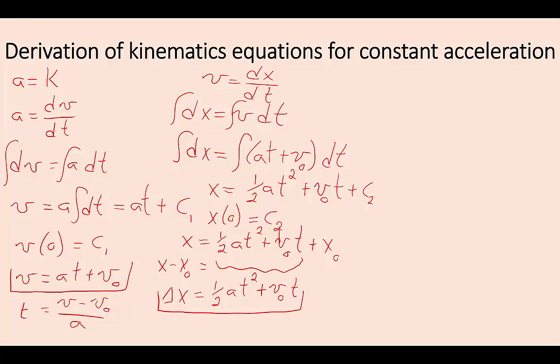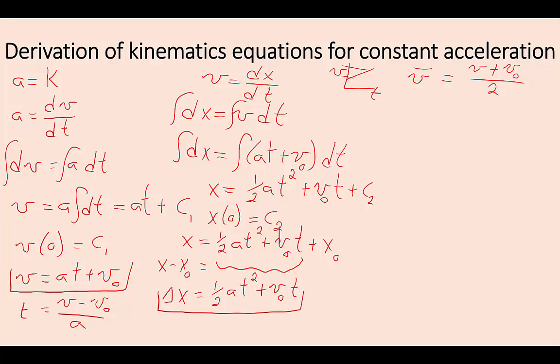Well, if we have a constant acceleration, then if we draw a little picture here of our speed and time, we have our speed on the y-axis, and we might have a couple of different speeds going on here, v naught and v, for example. And so the average speed we can find is simply v plus v naught over 2.